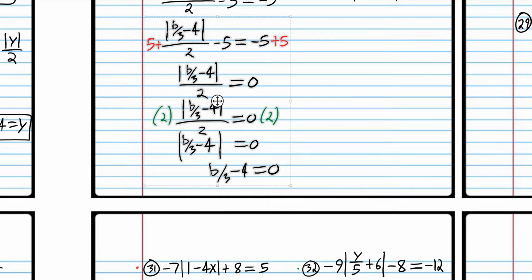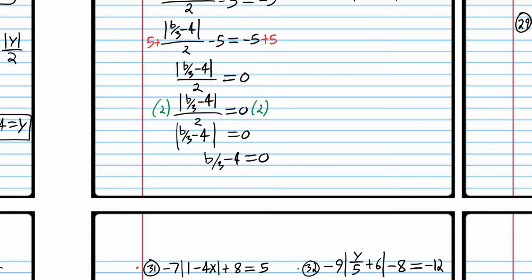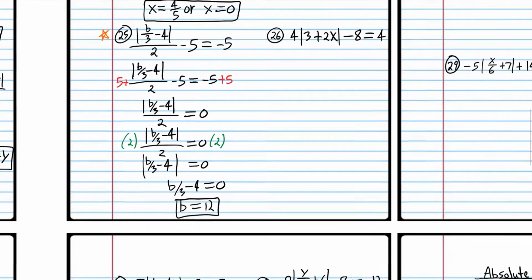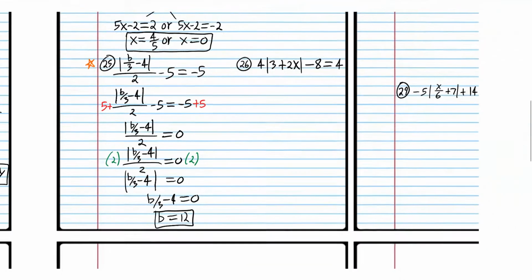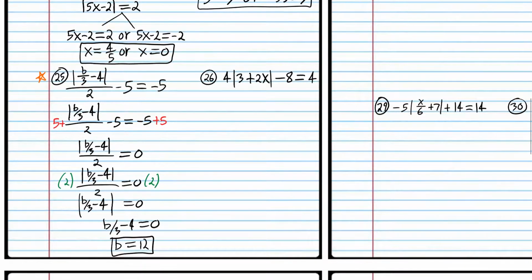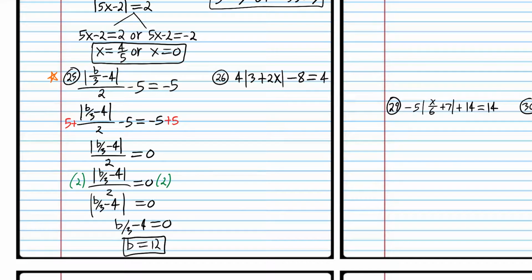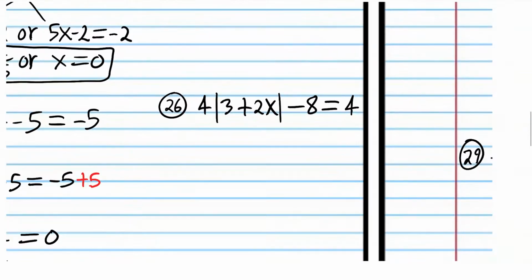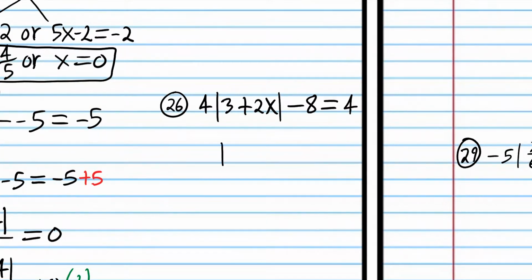I'm going to shrink this a little bit. So b is equal to 12. That's the only solution that works. Okay, so let's try another one of these. We're going to isolate the absolute value, and we get 3.